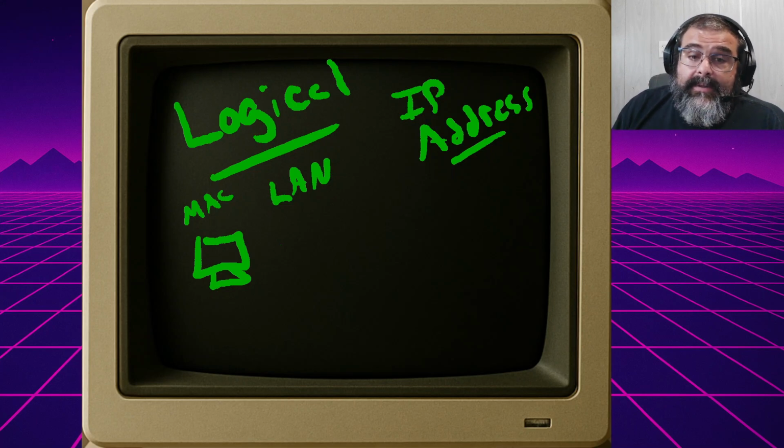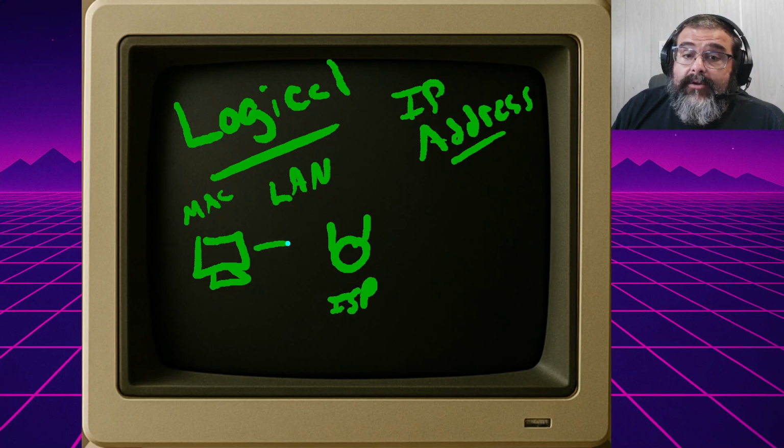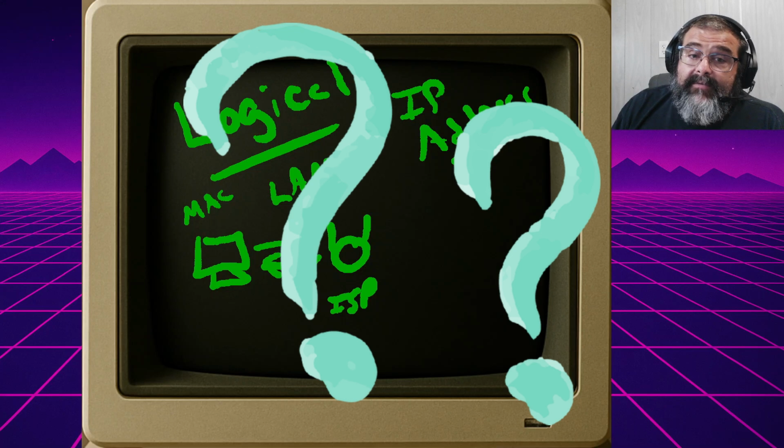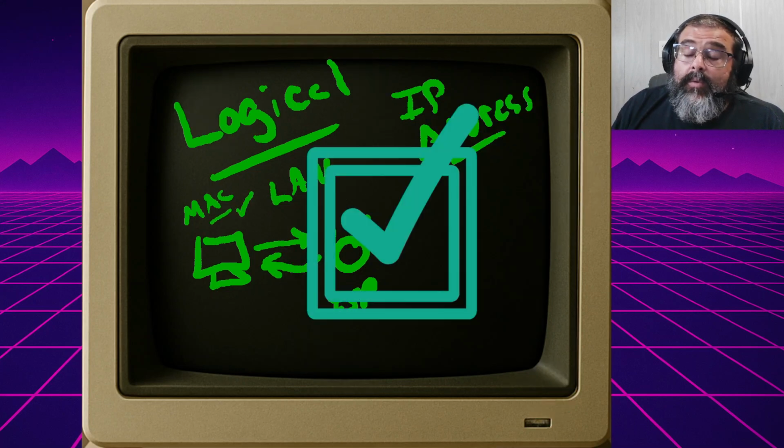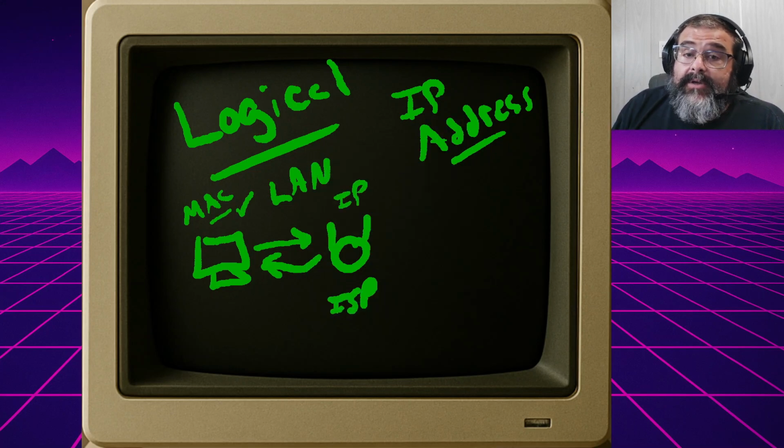So what happens? Well, your computer comes in and basically yells out, hello. Your home router, which is given to you by your internet service provider, then hears this hello. The router responds with a hello back and says, hey, do you have a valid MAC address? And the computer says, yes, I do. The router then says, well, hey, I can give you an IP address if you want one.